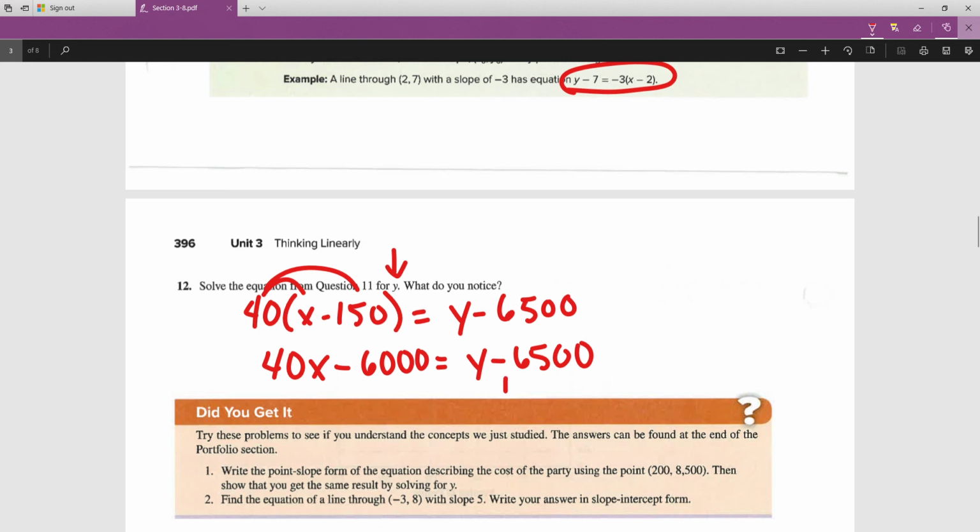So we want to add the 6,500 to both sides. When we do that, we'll get 40x plus 500 equals y. That should look pretty familiar to you because that's actually what we figured out for question 7 when we wrote it in the slope-intercept form.